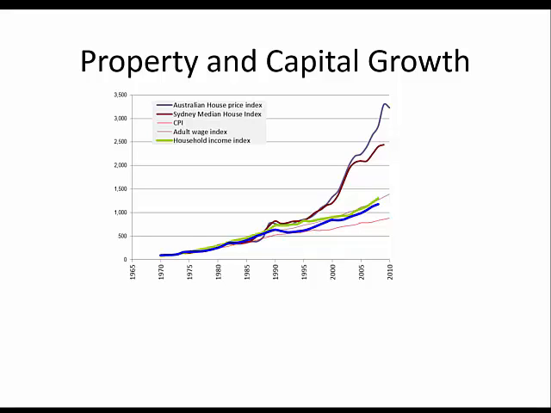You'll also notice that the price of houses has increased considerably faster than the level of wages indicated by the adult wage index. Even if we consider household incomes rather than individual wages, we see the same thing, that house prices have increased considerably faster than household incomes.